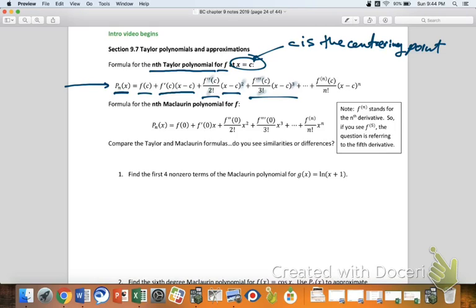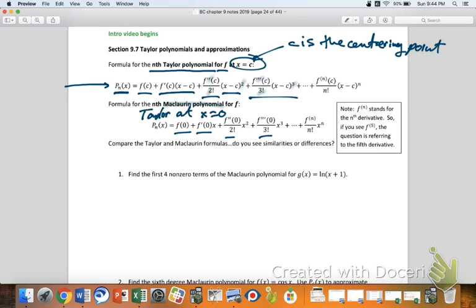The Maclaurin polynomial is actually just a variation on the Taylor polynomial. As you can see, each of the terms looks the same, except that in every case c is 0. So you can say that a Maclaurin polynomial is a Taylor polynomial at x equals 0, so your centering point is 0.